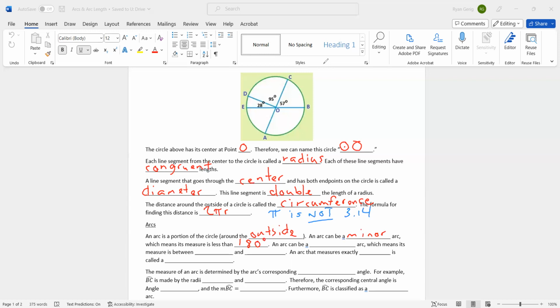An arc can be a major arc, which means its measure is between 180 and 360, but it cannot equal 180. An arc that measures exactly 180 degrees is called a semicircle or a half circle.